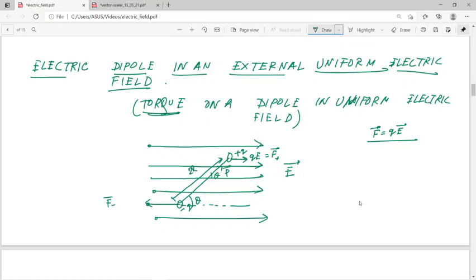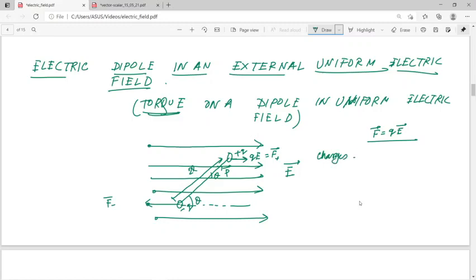So what is the net force? The force plus qE acts in one direction, and minus qE acts in the opposite direction. So the net force on the electric dipole is 0.